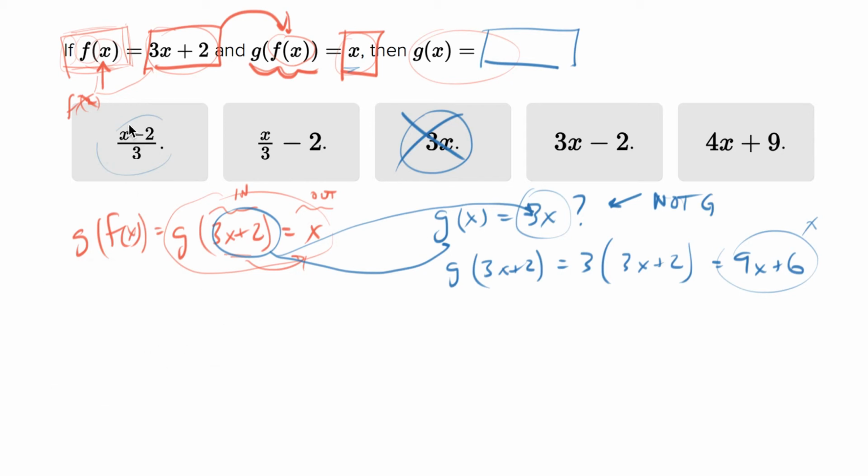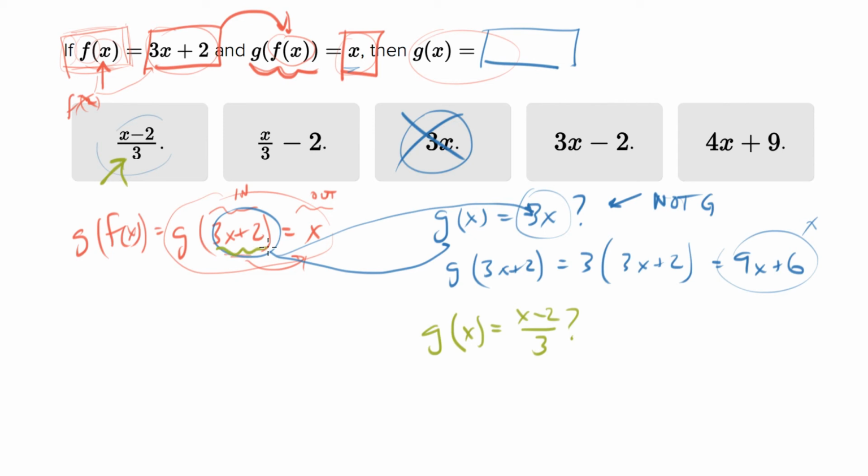And if you do that, let's start over here on the left. Now I'm not sure which one to pick, so let's just pick the first one. Suppose g of x equals x minus 2 over 3. I'll put a question mark because we're not sure. Now let's plug in for x what we've been given.